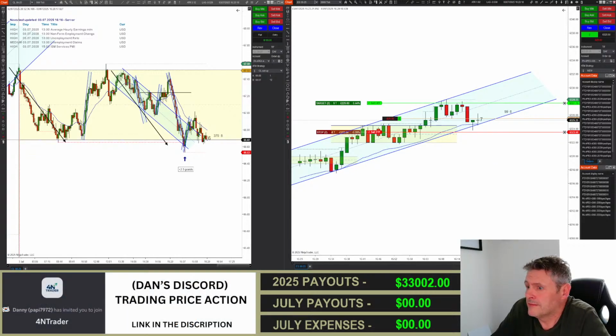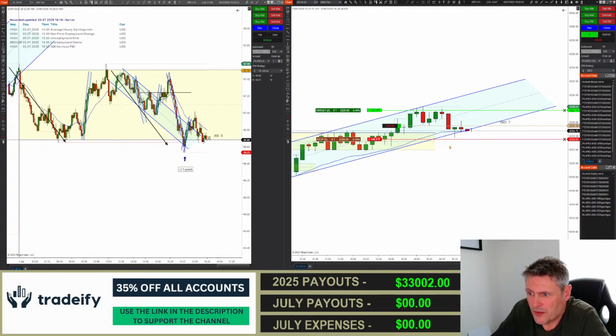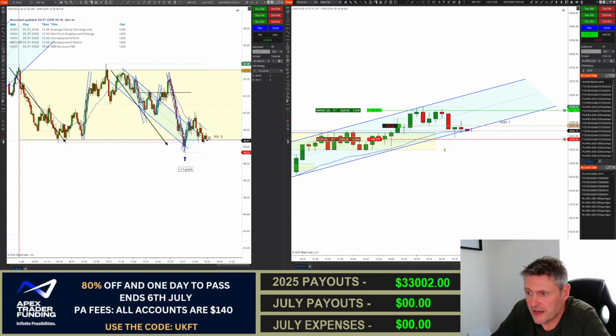I don't know. There's a few in it anyway, so we'll see. But the fact that it's done that straight away has made me just nervous. But it's a breakout type thing.